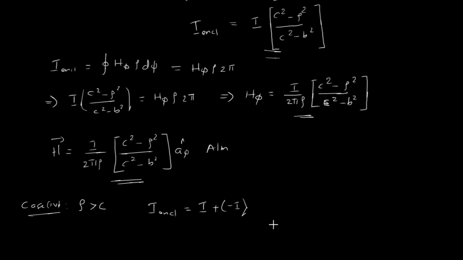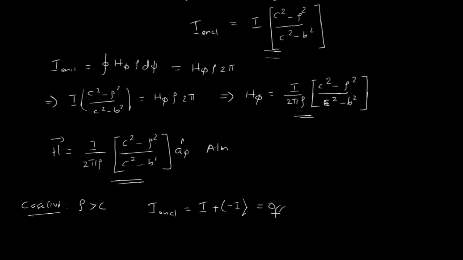So we took it as minus I. So what is this? This is 0. That means if the closed surface radius is larger than the total coaxial cable radius, then the current enclosed is 0.